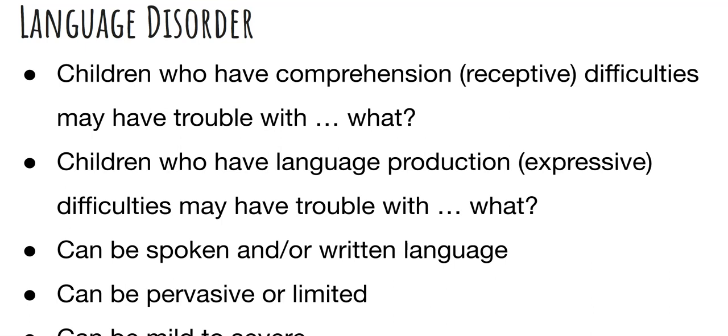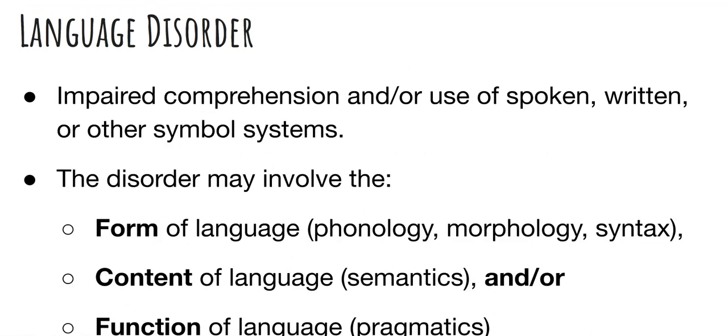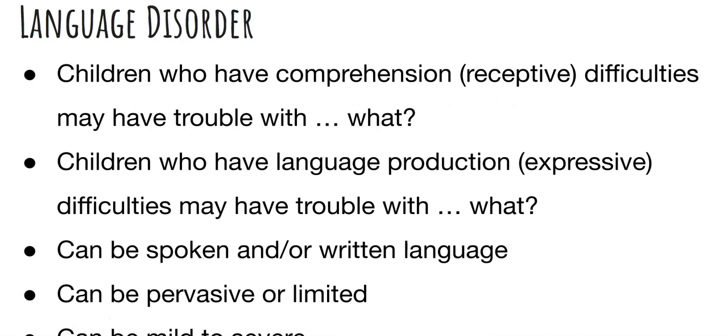It can be pervasive or limited. So you can have a language disorder that goes across form, content, and function, or it can be limited, where maybe it's only vocabulary that you have a hard time with, or only syntax. And then it can be mild to severe, and it could be mild to severe in each of those areas.